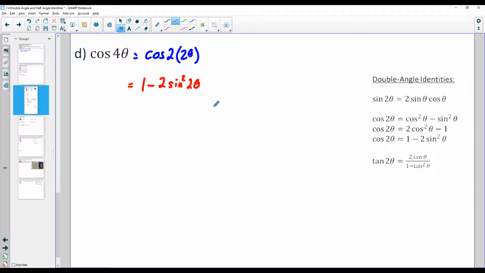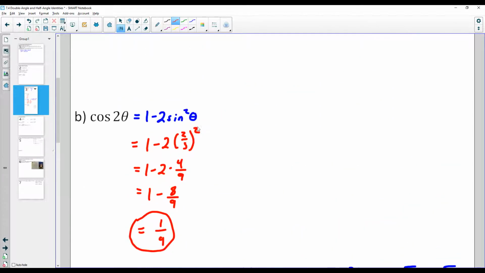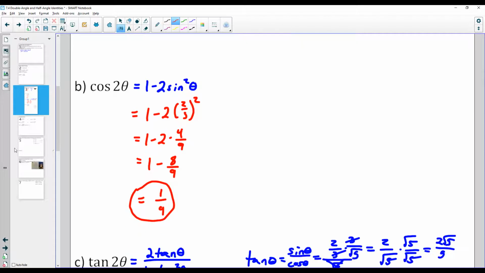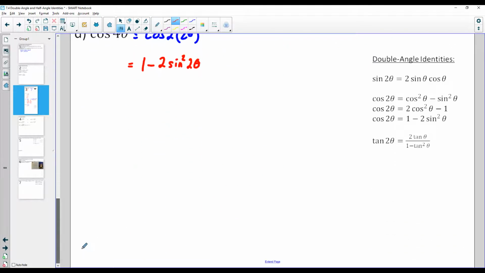So here is where we need to go back up because we found sine of 2 theta to be 4 times the square root of 5 over 9. So this is really 4 times the square root of 5 all over 9 squared, right? Getting a little messy, but that's okay.